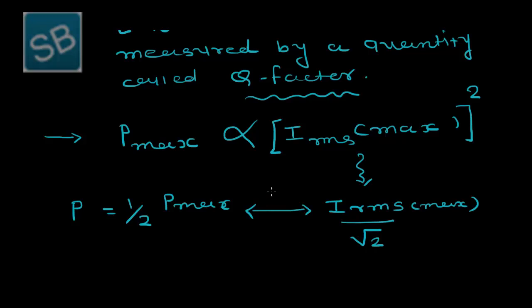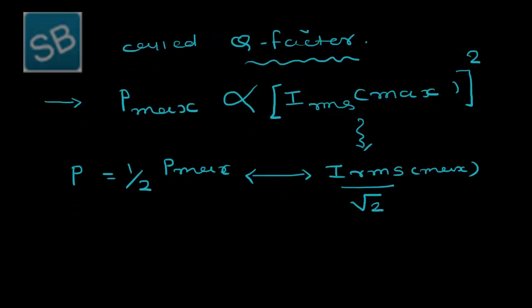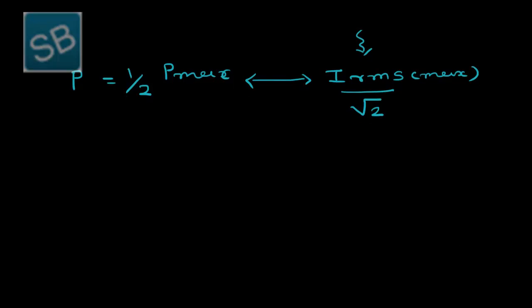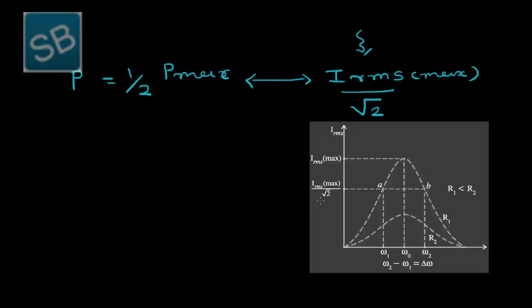And now if you observe the value of IRMS max upon under root 2 in the graph which I am giving you again. So here is the graph of IRMS versus angular frequency. Then here the corresponding power is shown, or we can say the corresponding angular frequencies are shown, with omega 1 having this value and omega 2 having this value.